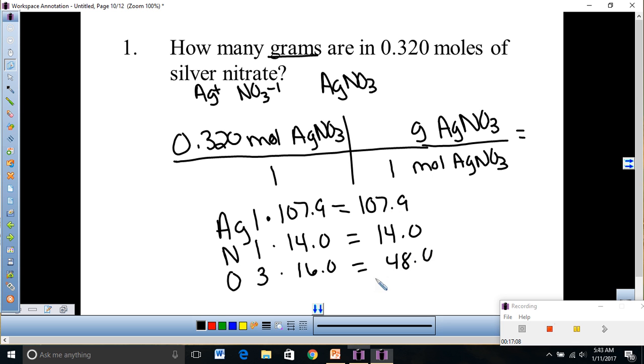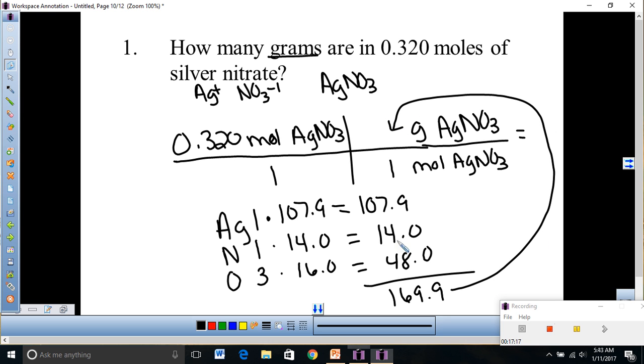And then we're going to add these numbers together. We get 169.9. This will now go up here. So 169.9 will go with grams. It's really grams per mole, but you can see grams per mole right there. So it is this many grams per 1 mole. So you can always stick it in the dimensional analysis table with the word grams.